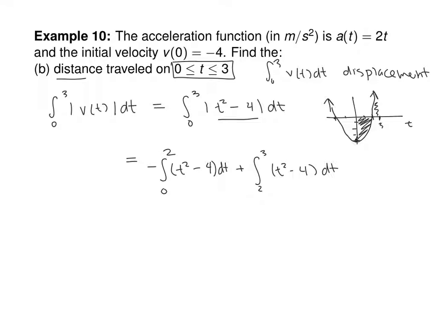And you do have to work out both of those integrals separately. There's no shortcut. I'm not trying to like withhold stuff from you. It just is what it is. I'm going to send that negative through because I think it'll make it harder to make mistakes. Negative t squared plus 4 dt plus the integral from 2 to 3 of t squared minus 4.